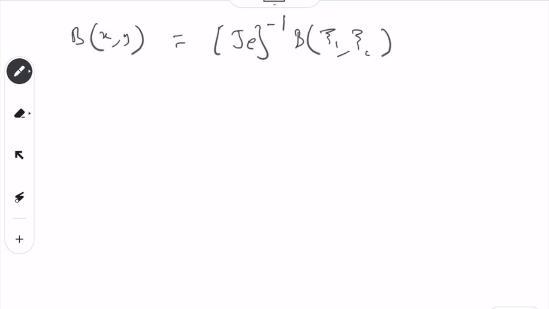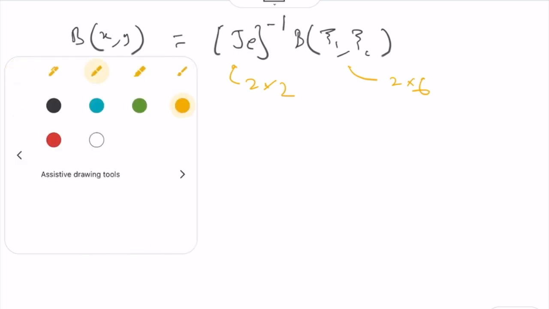In this case this will be a 2 by 6 matrix because there are 6 nodes, and this will also be 2 by 6, and this will be 2 by 2. Basically everything remains the same as how we got in the last case.